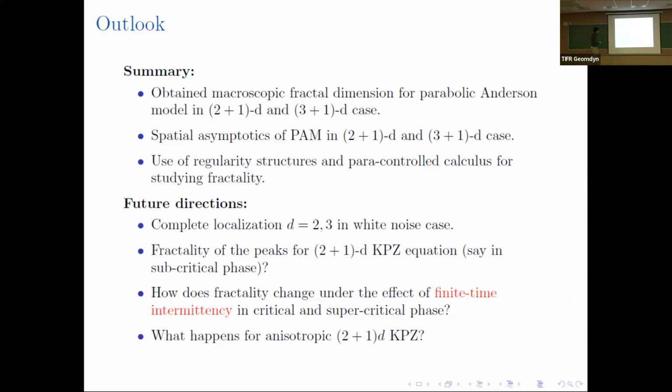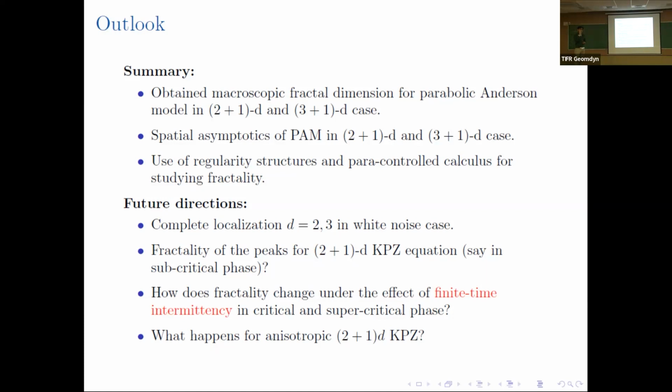Now, some of the future directions that we're pursuing: this complete localization picture for the Parabolic Anderson model, or Anderson model, in dimensions 2 and 3 for the white noise case, which is still unknown. And for the KPZ equation, it's not very far from this Parabolic Anderson model.